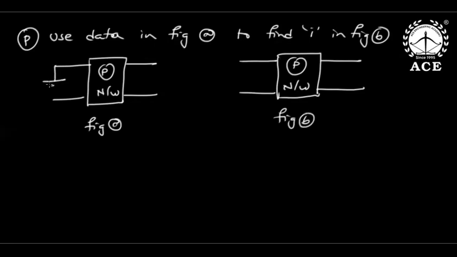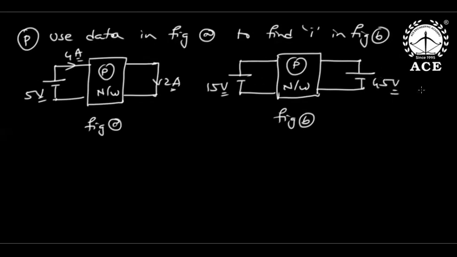So here 5 volts, 4 amperes, and this is 2 amperes. Now this is 15 volts. This is 45 volts.